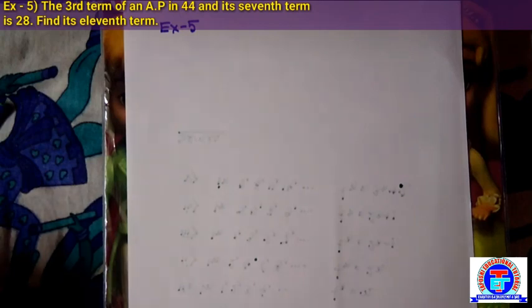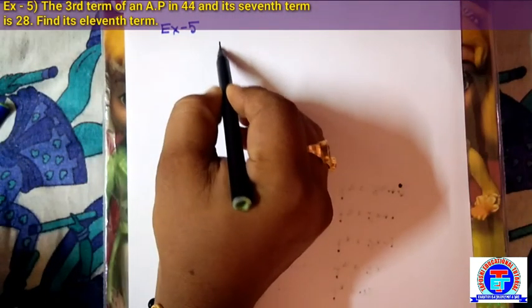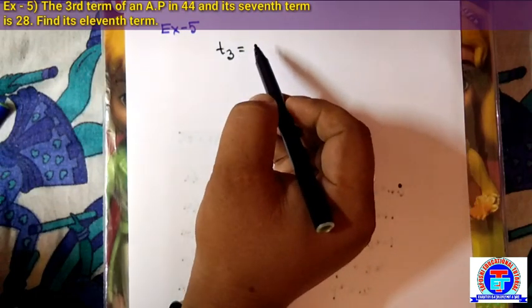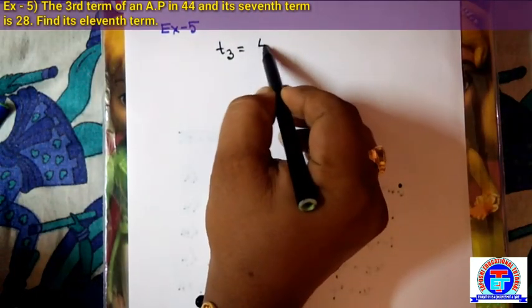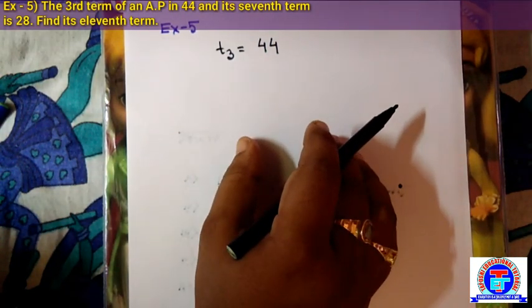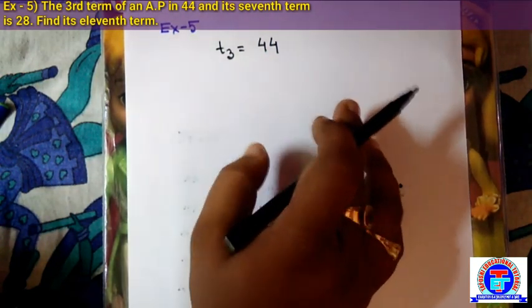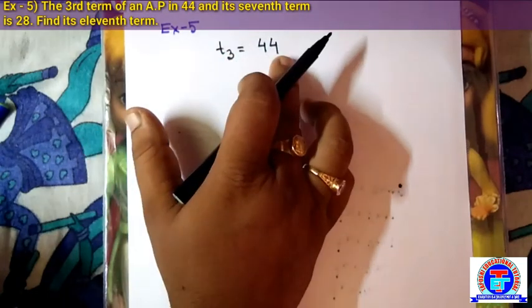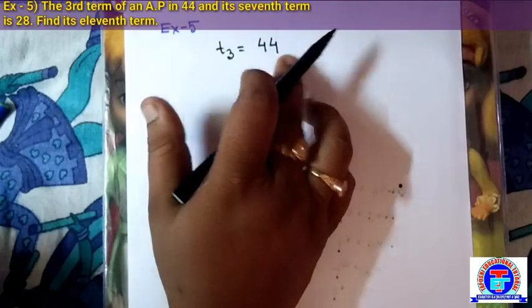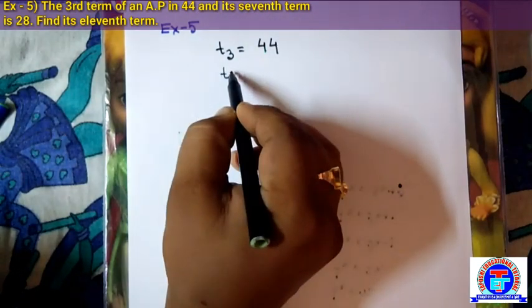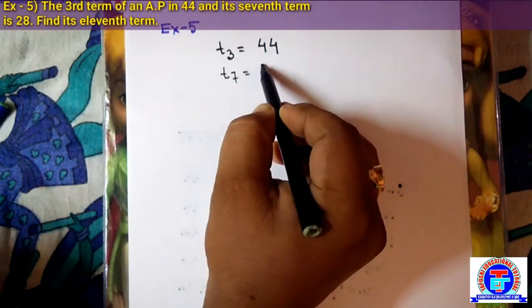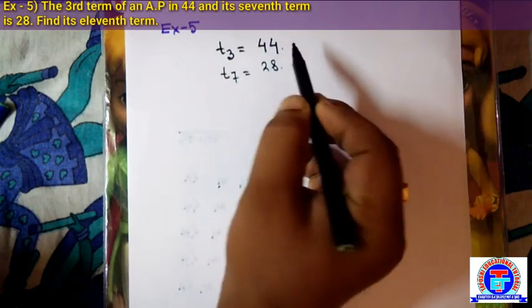Here given, the third term T3 is equal to 44 and the seventh term T7 is equal to 28 here, right?